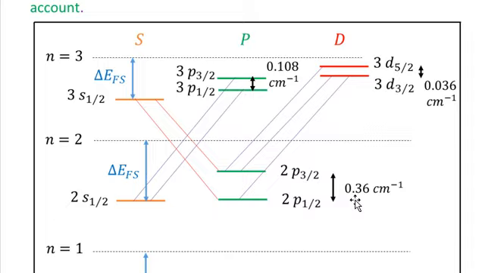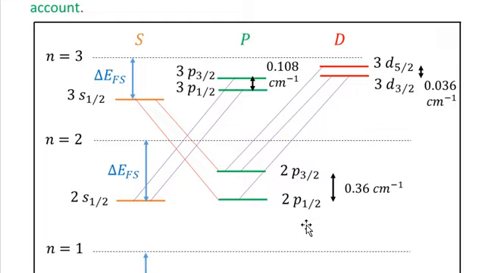So for 2p3/2 and for 2p1/2, the value of the orbital quantum number is L equal to 1. But the degeneracy has been lifted, because we have included the spin orbit interaction.